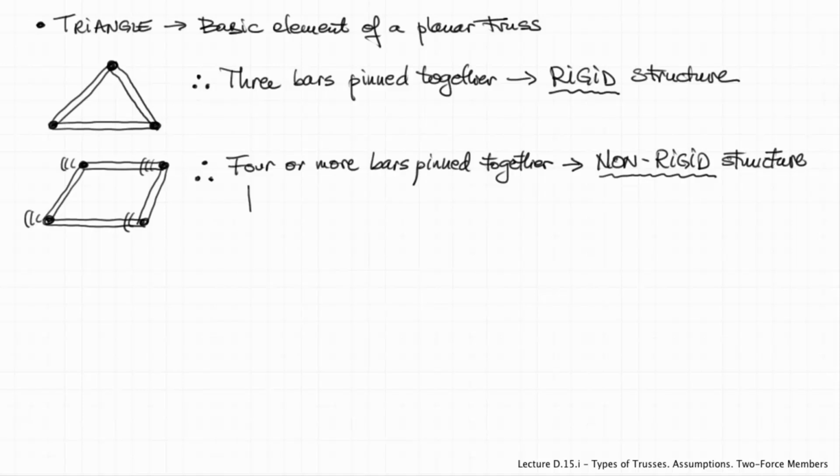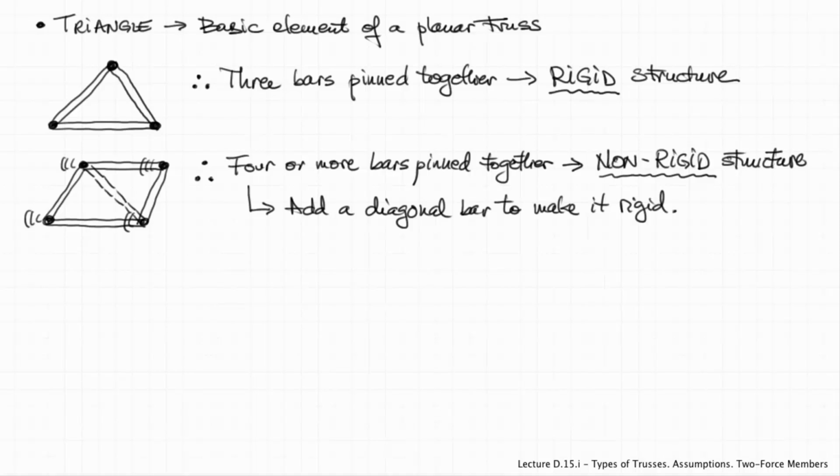Well, yes, but then we would have to add a diagonal bar to the four members, and hence we divide the original figure into two triangles that are side by side, and now each triangle is a rigid figure, so two triangles together then will define a rigid structure.